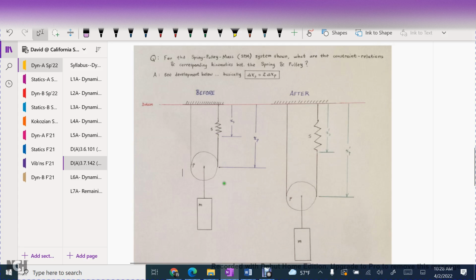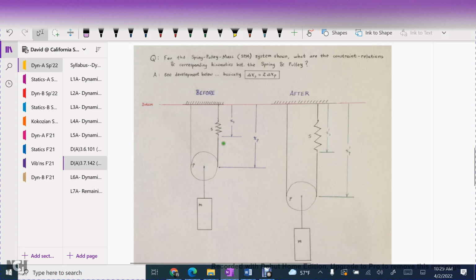And then the other thing that can move is, let's say, this center point on the pulley. As this spring is getting stretched downward, this pulley is also going to be able to move downward. And so I can right away identify 2 points in this picture that are variable: the x sub s for the spring and the x sub p for the pulley.